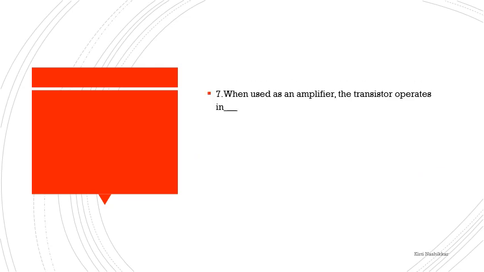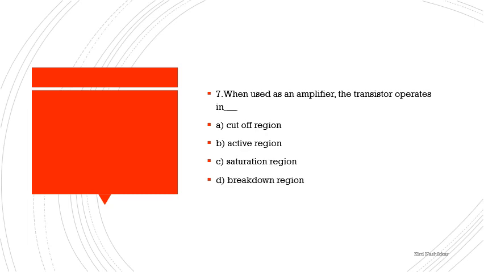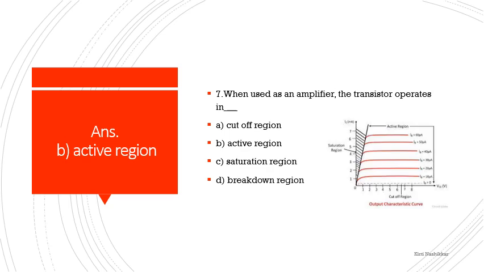Then, when used as an amplifier, the transistor operates in dash. So the options are cutoff region, active region, saturation region and breakdown region. Whenever we are using a transistor as an amplifier, it is operating in the active region. This is the correct answer. This is the output VI characteristic of a transistor.